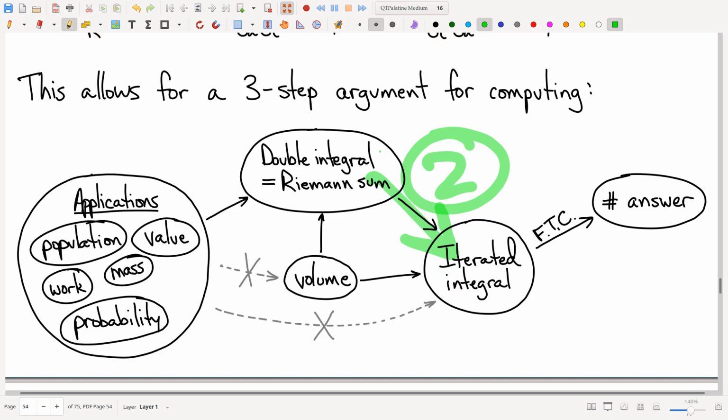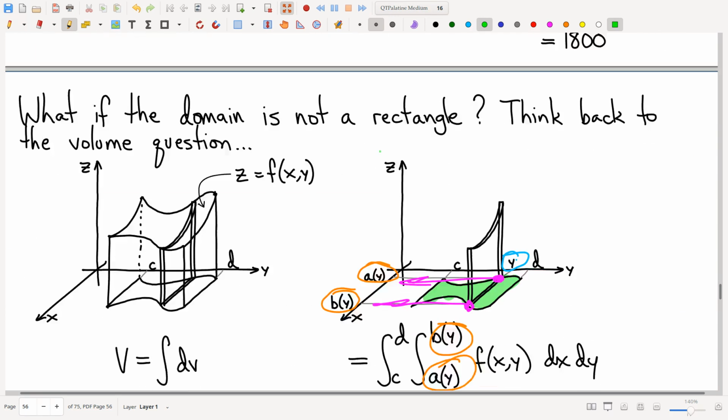The question is about computing a double integral. That double integral could be useful for computing many different things. Who knows? Not part of the problem. And so what we're going to consider is just how to turn this non-rectangular double integral into an iterated integral. And then, by the way, we're not going to do the plug and chug at the end either. If you really wanted to know the actual answer you could, but our focus is going to be on this step in the process here. Okay, so here we go.